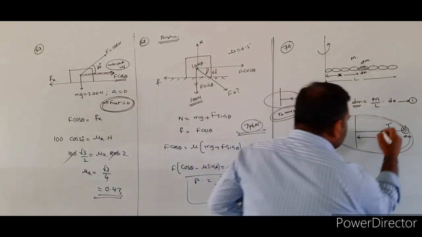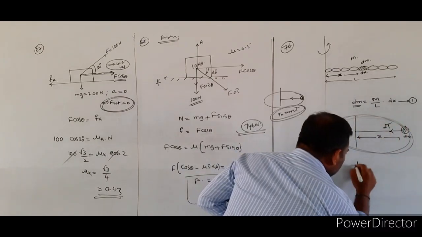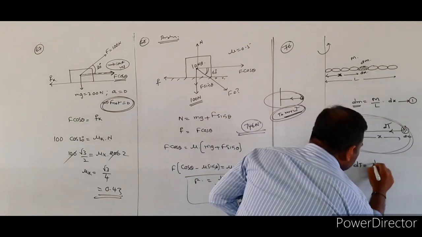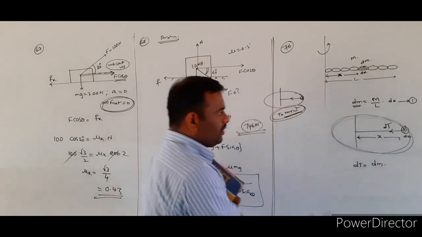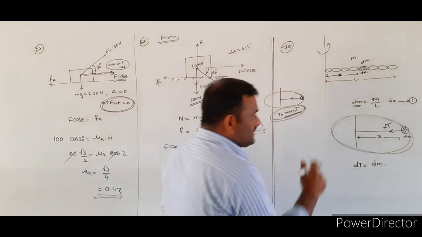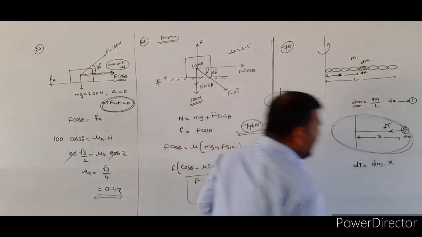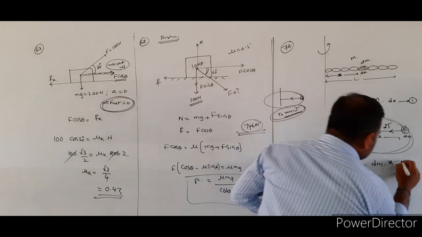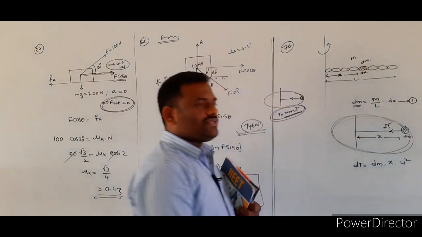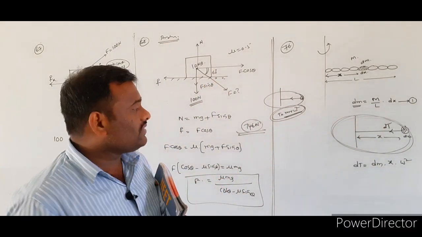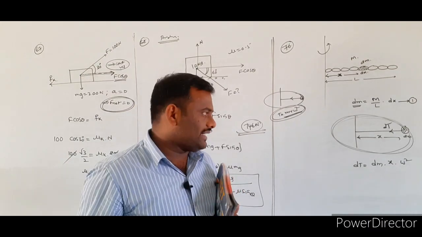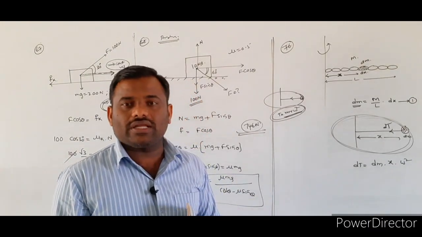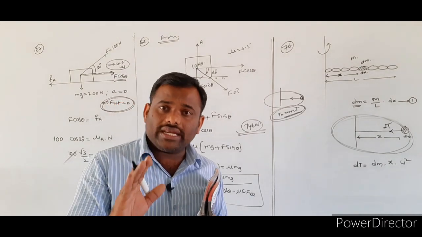So here the tension developed will be taken as dT is equal to, according to this basic formula, mass is equal to dm, radius of the circular path is equal to x, and omega value will be constant, that is omega square. So the small amount of tension developed within the string is dT is equal to dm into x into omega square. Now I want to calculate the total tension value.